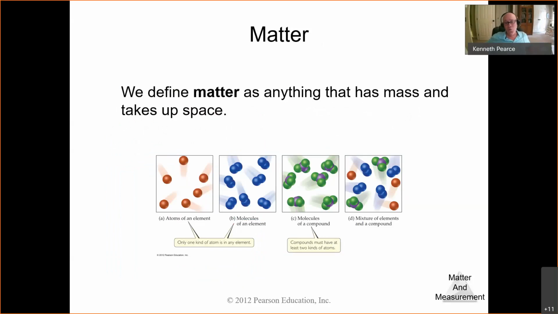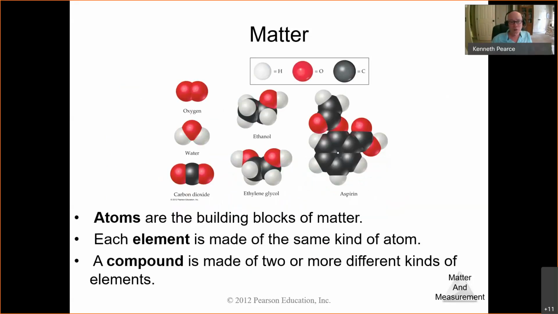And for our purposes, the kinds of matter that we worry about are atoms and molecules. Atoms come together to make molecules, and then we have these things called compounds. And we're going to work a lot with that this semester. And so every element, now what's an element? Atoms are the individual thing. An element is a handful of all the same atoms.